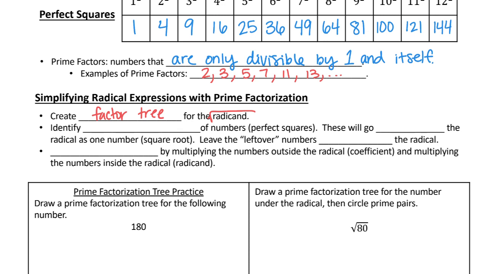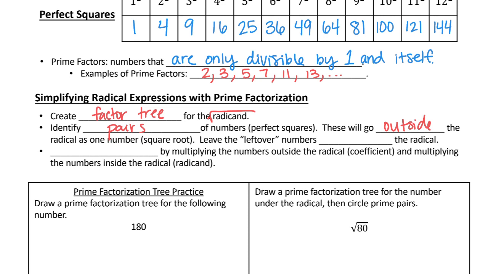Once we create our factor tree, we're going to identify pairs of numbers. Once we find the pairs, we will take one of those numbers and it will go outside the radical, outside the square root, as just one number.